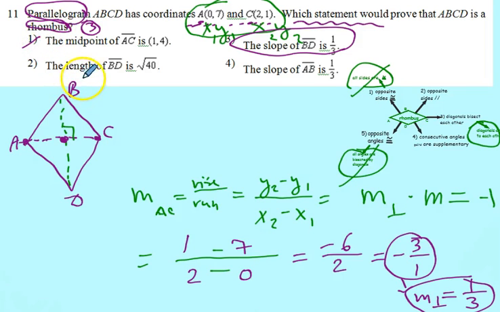That's how you could rule it out. Next, length of BD. That's kind of ridiculous to even talk about because they didn't give us any information to find length of BD. And number 4, slope of AB. Slope of AB also could not be found because you don't have any information about B. So all that's left is choice 3.